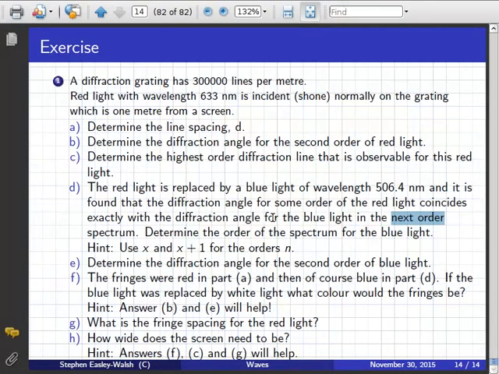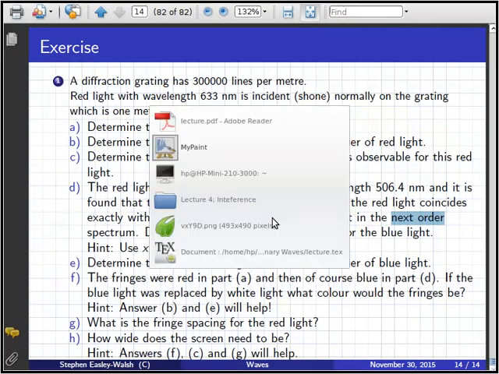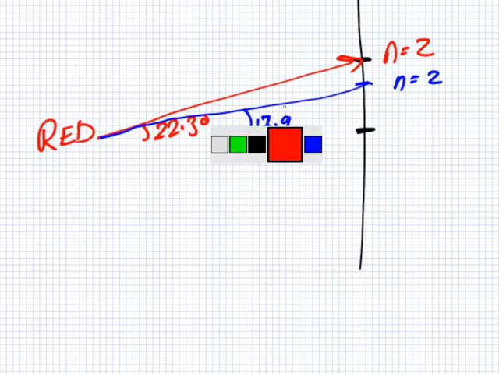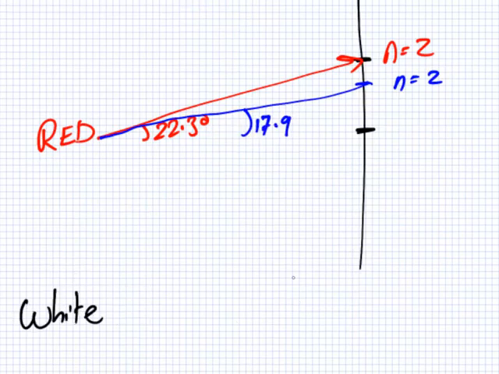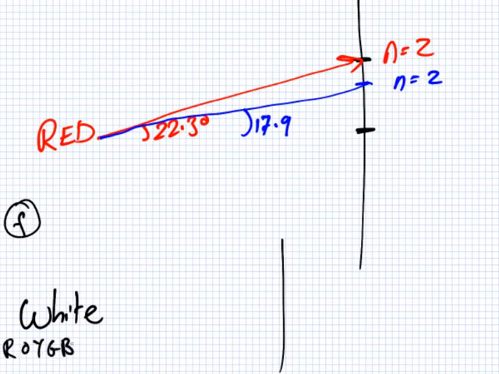So my question for F: if I have white light, what will happen? Do you remember what we said special about white light? Rainbow color. Yeah, it has all the colours in it. So think of white as red, orange, yellow, green, blue, indigo, and violet.